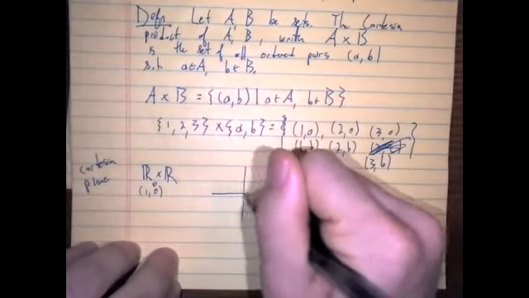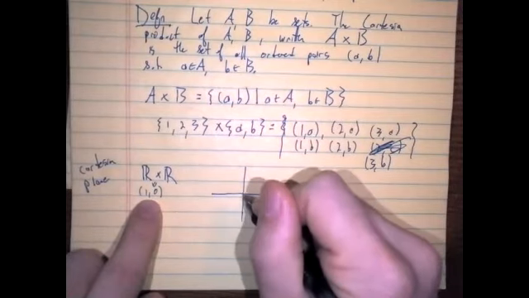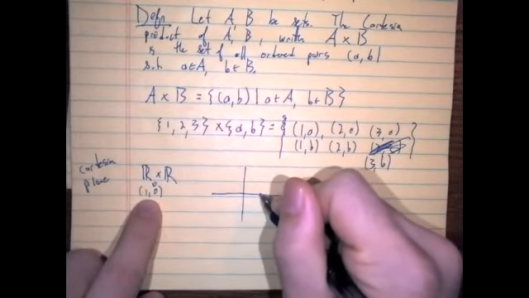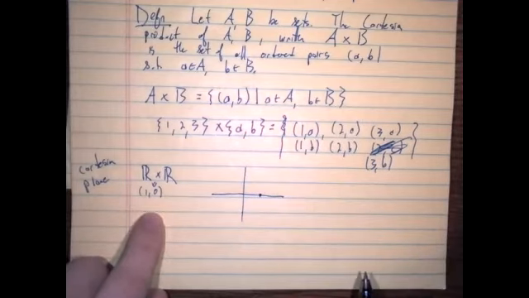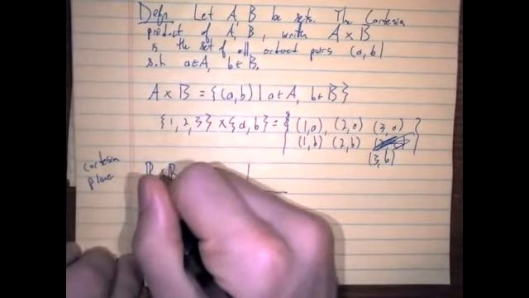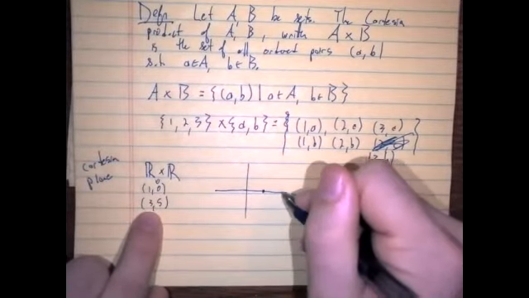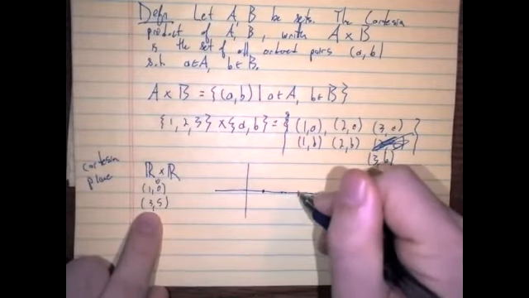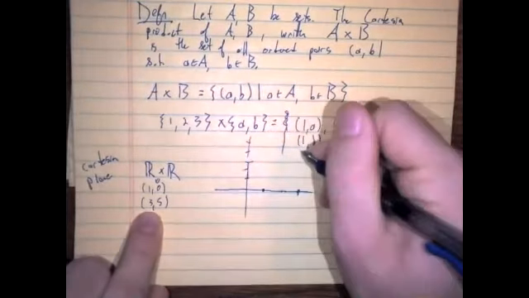And moreover, there's a nice way of looking at this cross product. I go 1 along this axis and I go 0 along the other axis. If I wanted to go (3, 5), I can represent this ordered pair as going over here, 1, 2, 3, 4, 5.